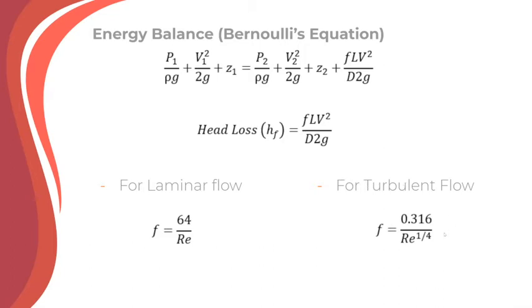The friction factor for a smooth pipe, assuming we're going for our blood vessel simulation, would be 0.316 over the Reynolds number to the power of 1/4. So we get the friction factor based off the flow, put it into our head loss, and then add the head loss into Bernoulli's equation for our energy balance system.